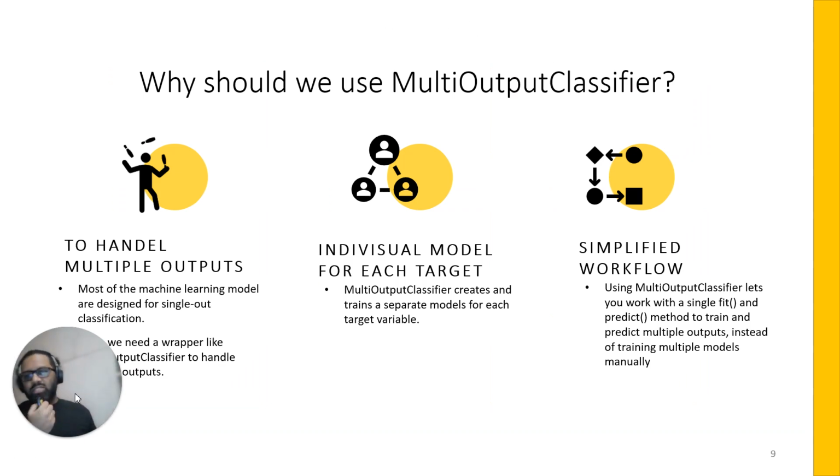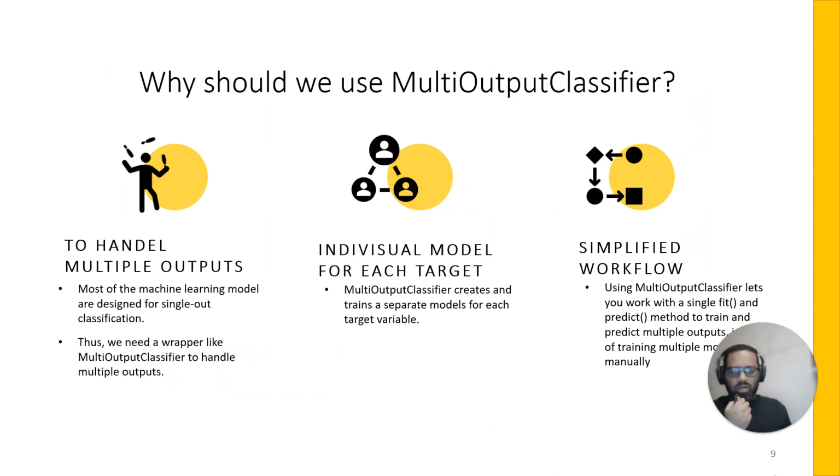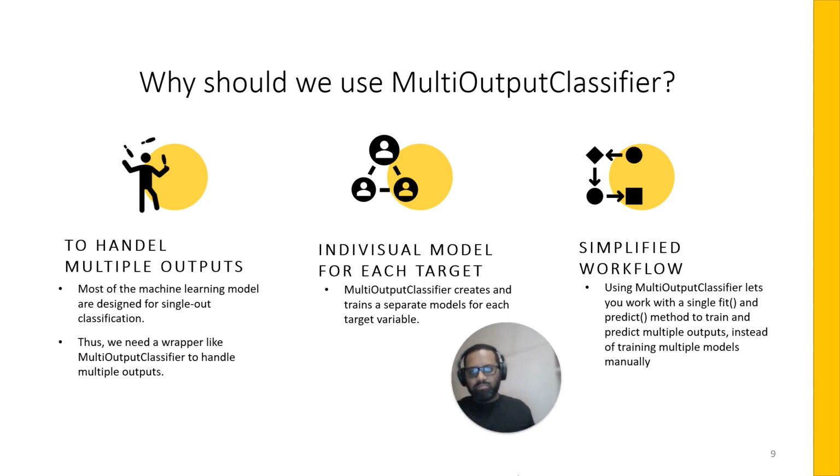So, why should we use a multi-output classifier? First, it can handle multiple outputs. Most machine learning models are designed for single-output classification, where you can only give one output for one test data, one array of test data.